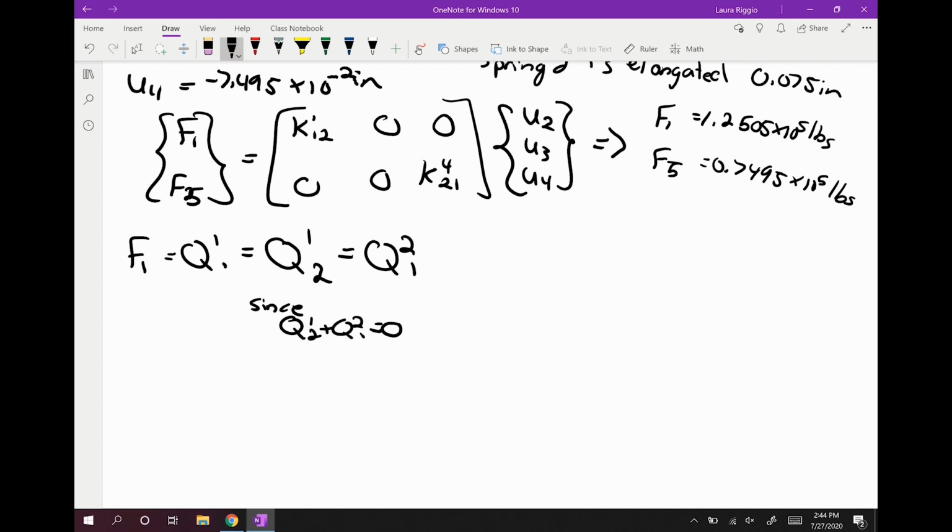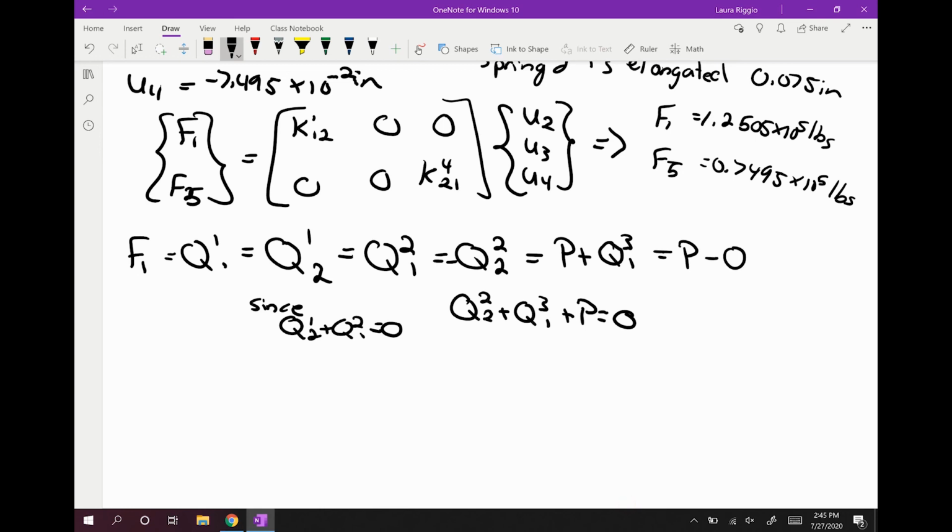And then we have, well, Q21 is equal to the opposite of Q22, which is equal to P plus Q31, since Q22 plus Q31 plus P has to equal 0, which is equal to P minus Q32, since Q31 is the opposite of Q32.